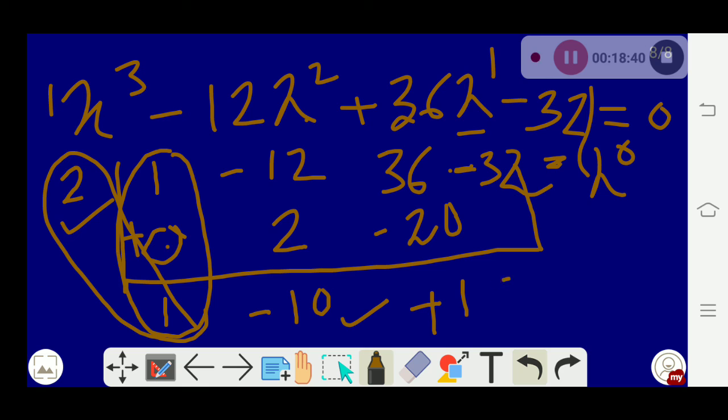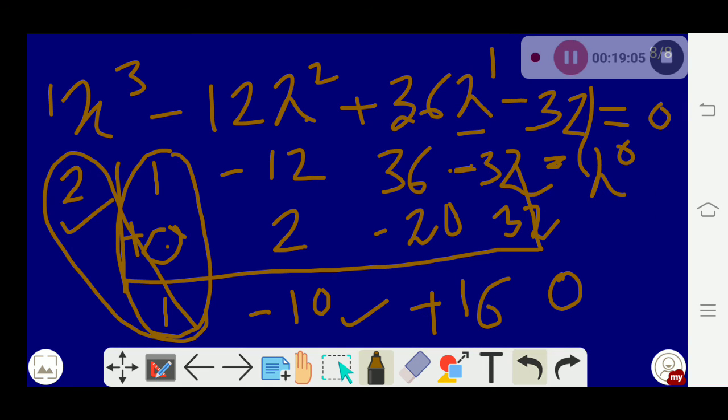No, sorry, plus 16. 36 minus 20 is plus 16. Again, 16 into 2 is plus 32. Correct. We get 0. So what we get is 1 minus 10 plus 16. Please note it down in your copy if you are noting it.